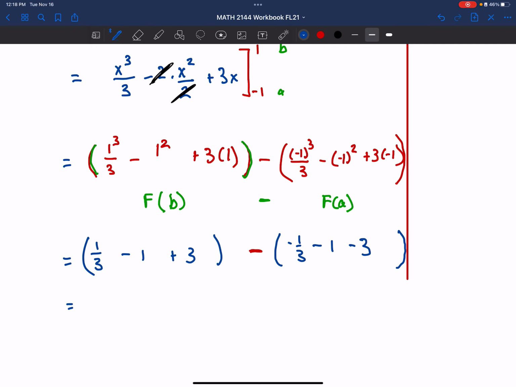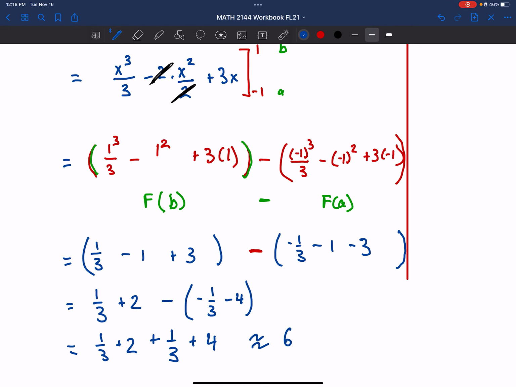So this is going to be 1/3 plus 2 minus the quantity minus 1/3 minus 4, which is going to give you 1/3 plus 2 plus 1/3 plus 4, or approximately 6.67.